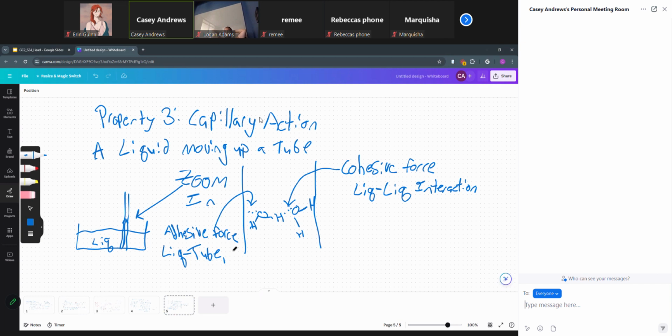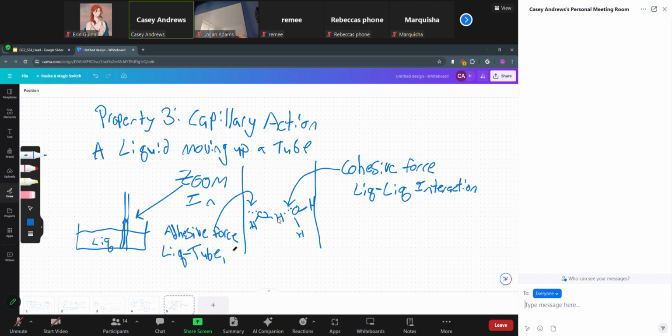The liquid in the middle of that tube gets pulled up with the liquid that's climbing the tube because of cohesive forces. As everybody is climbing the tube, those ones in the middle are saying, where are you going? You're taking my hydrogen bonds with you. I'm gonna follow you. And so it climbs up the tube as well. That is what's going on there. It's a mixture of cohesive and adhesive forces.